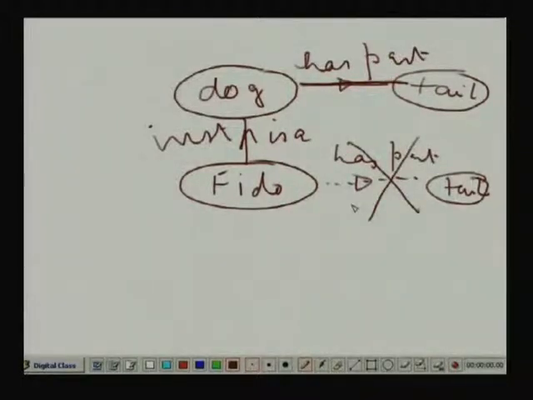Therefore, I inherited this part by default because nothing was known to the contrary. If anything is known to the contrary, that will override. Whereas, in the case of generic properties, we do not have the scope of overriding, because that is generic to that class and any subclass will have to inherit that.